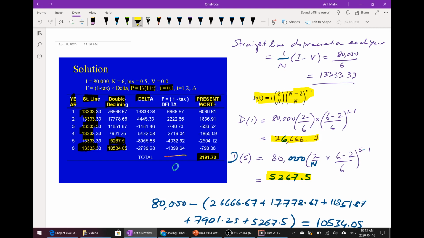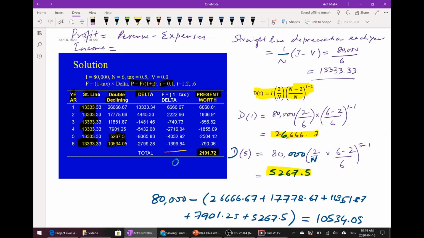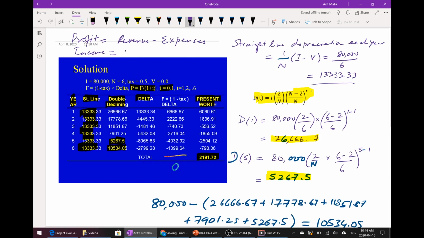You see the formula here: profit is equal to revenue minus expenses, or income. Income before tax, let's say, is revenue minus expenses.